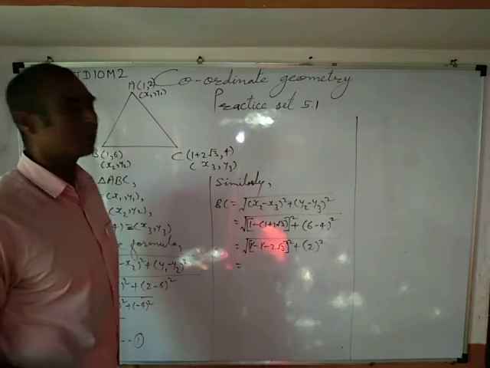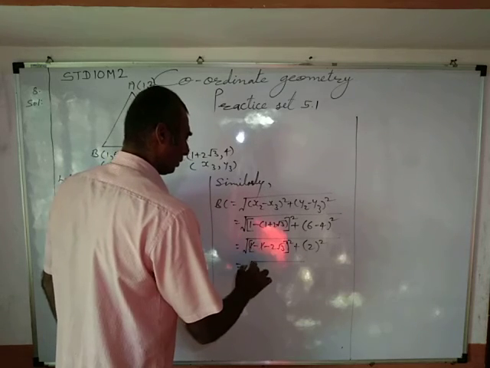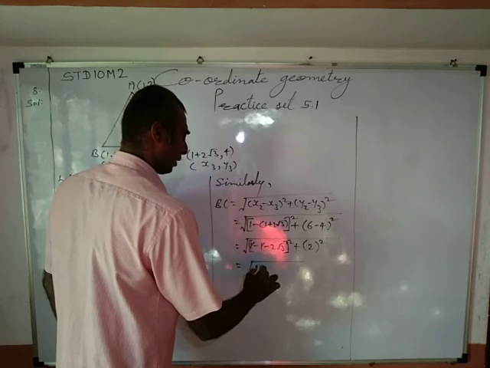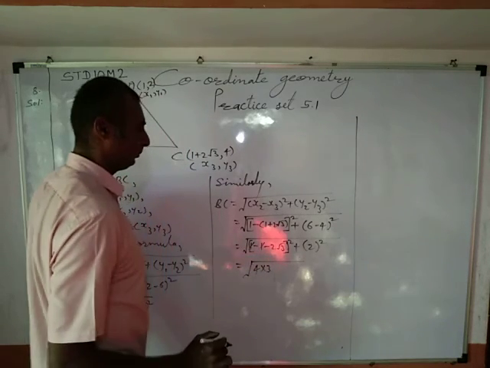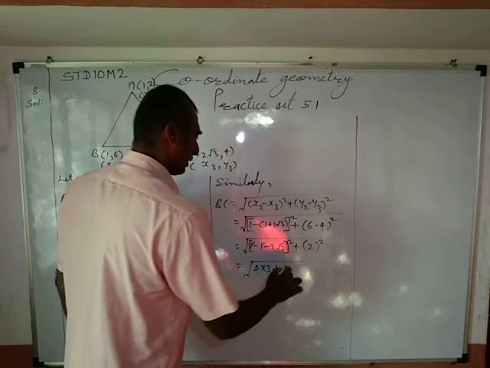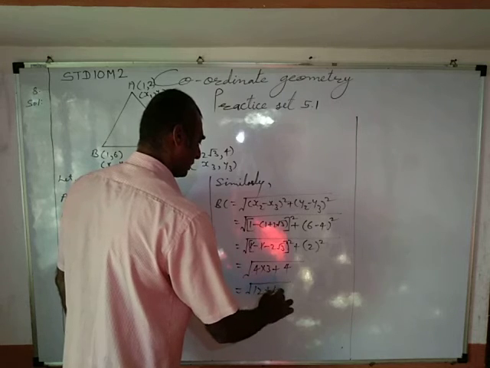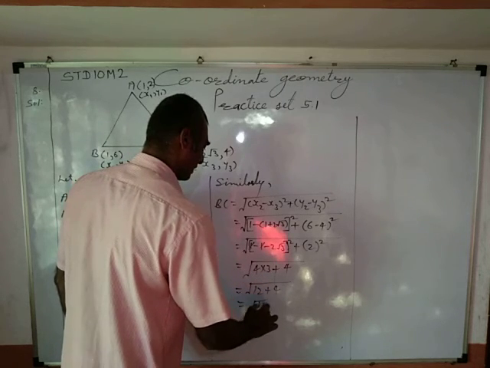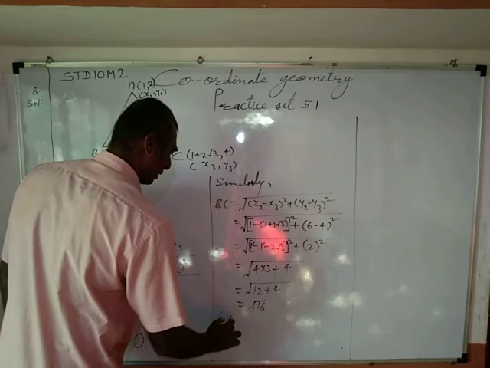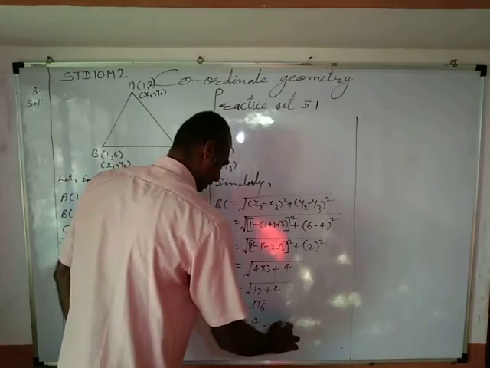Minus 2 root 3 whole square will be 4 into 3, plus square of 2 is 4, and 4 threes are 12 plus 4 equals root of 16, and therefore BC equals once again 4. Equation second.